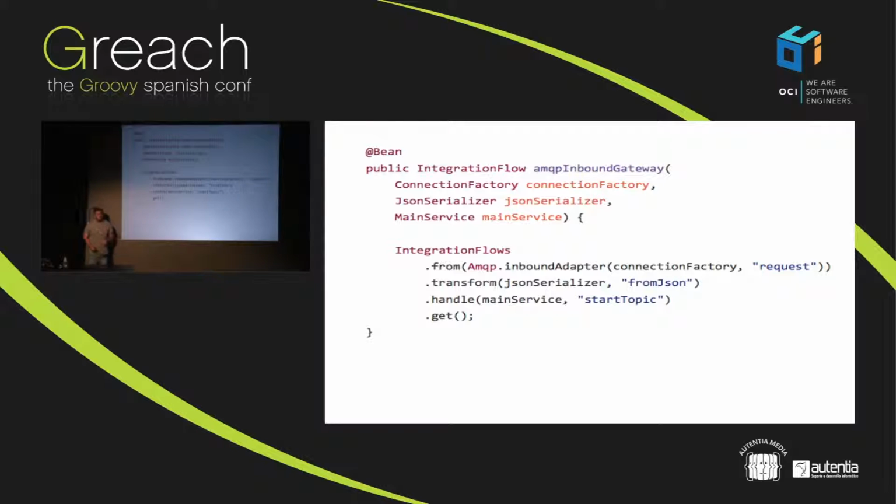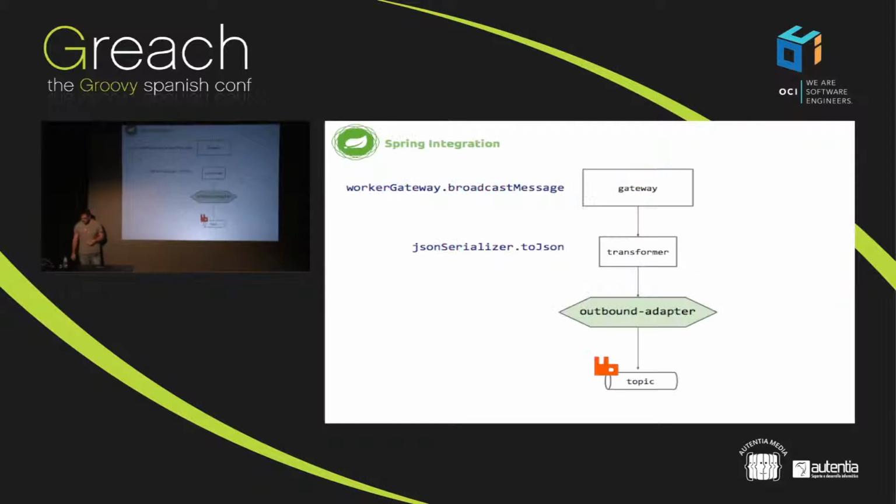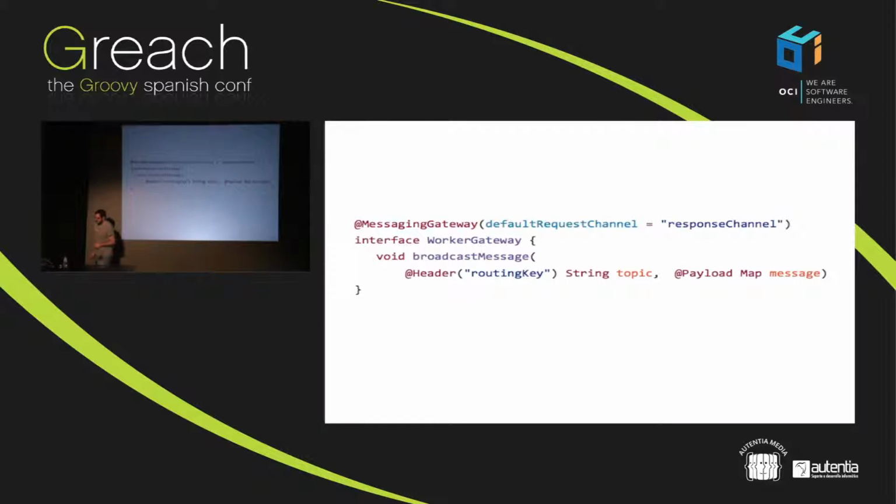And this is the Spring Integration DSL. For the output, it's really the same, only in the other direction. The nice thing here with Spring Integration is that we can expose this code to the backend logic as an interface, and Spring Integration will fill the rest for us.